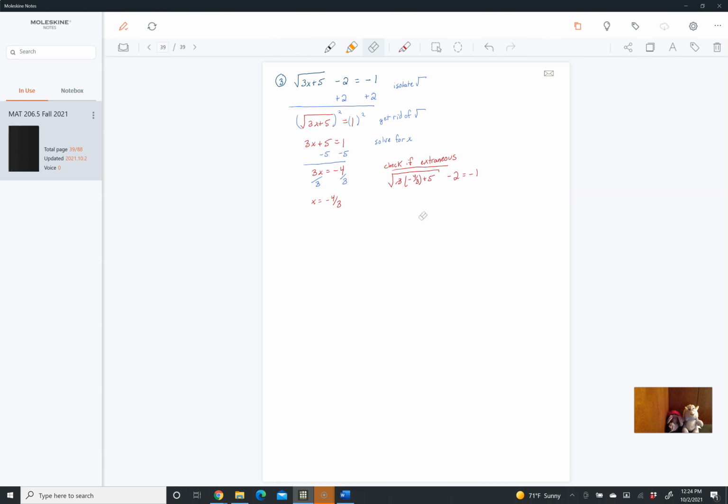So this 3 will cancel, and we get the square root of negative 4 plus 5, minus 2 equals negative 1. So negative 4 plus 5 is 1. So square root of 1 minus 2 equals negative 1. Or 1 minus 2 equals negative 1. This is true. So this is not extraneous. This is an answer.